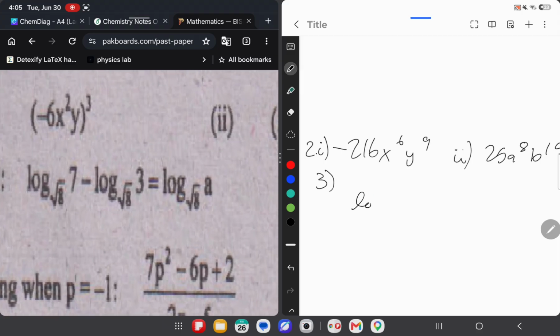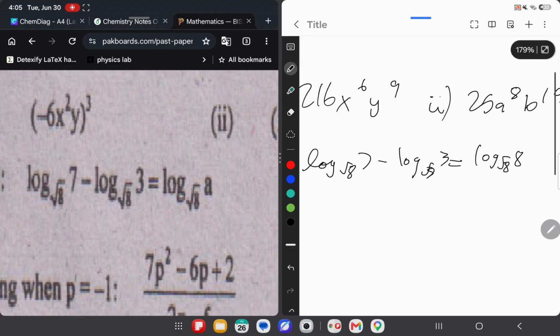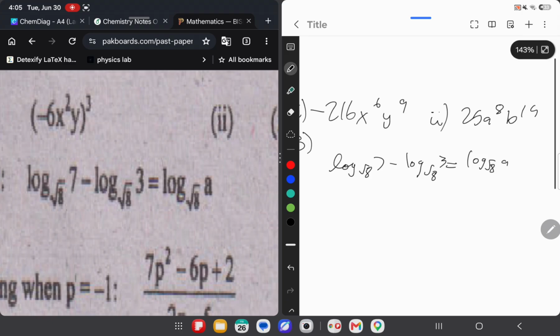Value of A in this. So log root 8 minus log root 8 3 is equals to log root 8 8. Where is A? Oh, A is here. Now, using log property, this is 7 over 3 and log root 8 is equals to log root 8a.